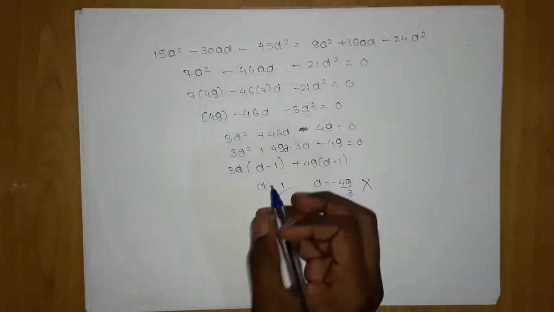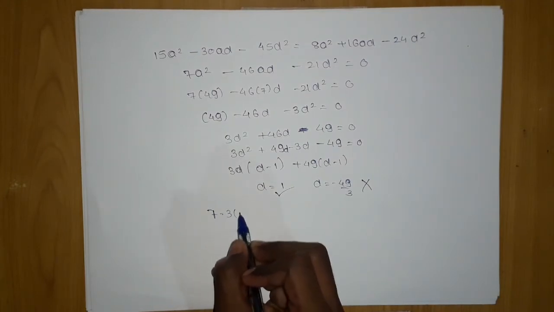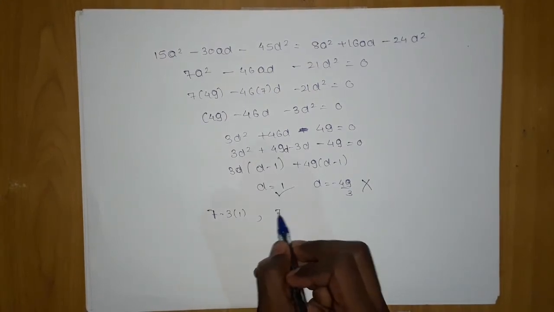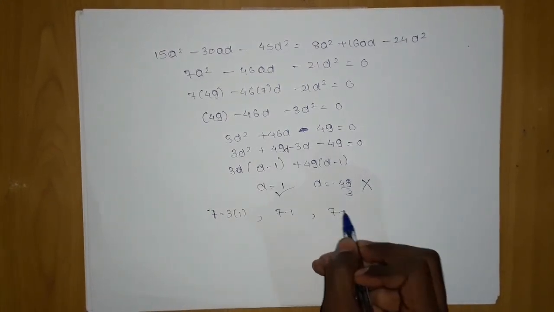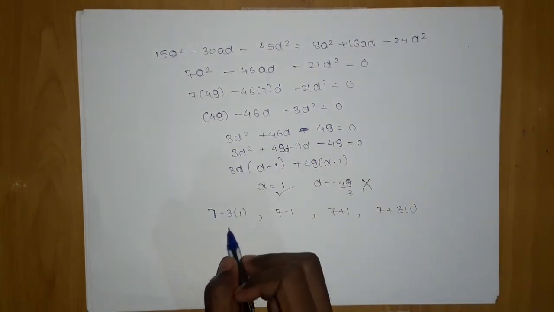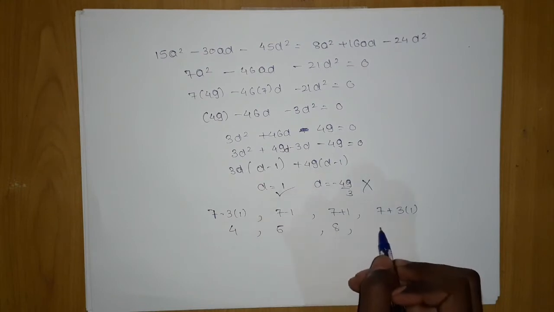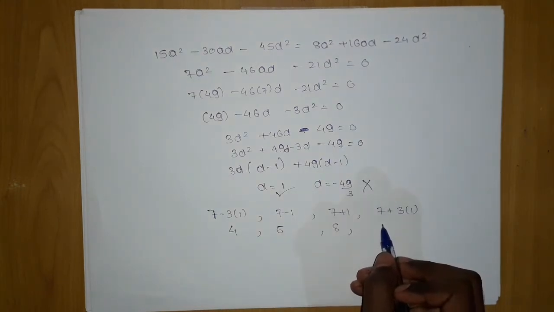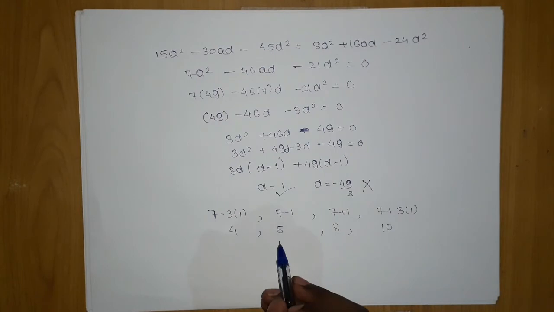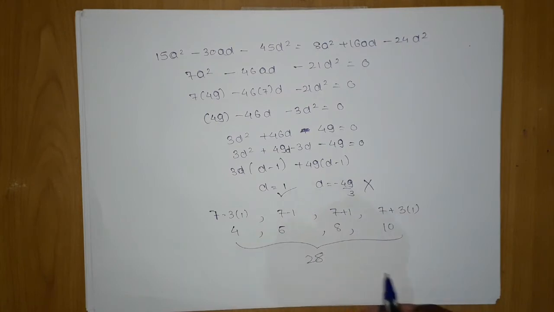We got our d, we got our a, so we can divide it now. 7 minus 3 into 1, 7 minus 1, 7 plus 1, 7 plus 3 into 1, which are 4, 6, 8 and 10. So 4, 6, 8, 10, forming 28. So we are done with this question.